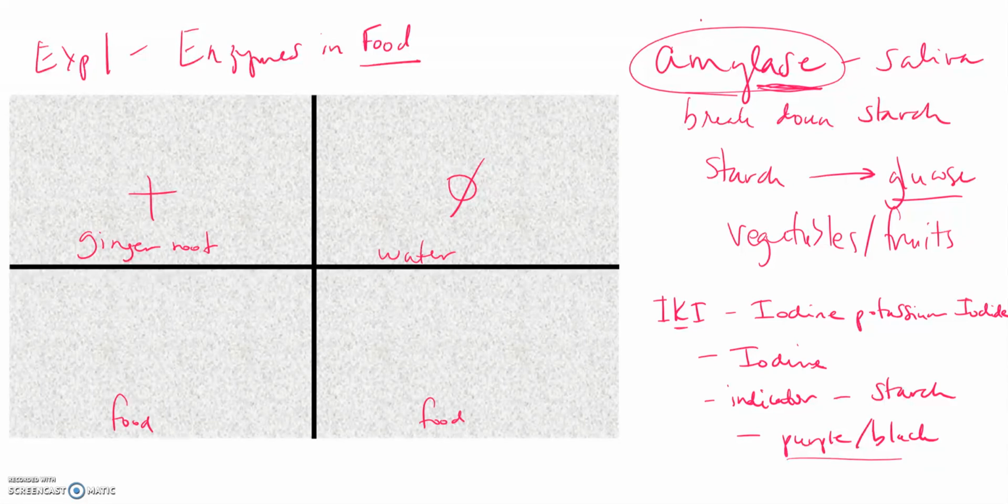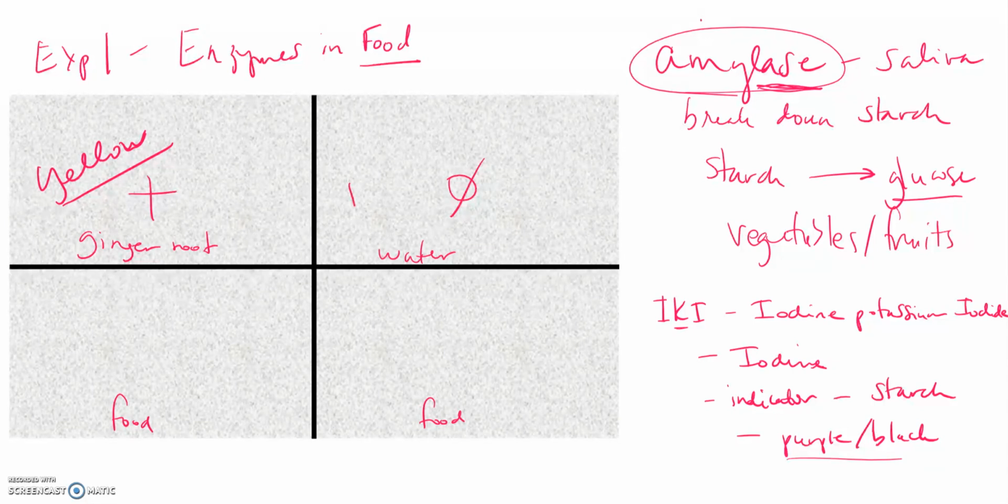So what you should have seen, this quadrant should have been sort of a yellowy orange color because the ginger root contained amylase. The amylase broke down the starch that you had put on the paper towel, and therefore there was no starch to react with the iodine when you applied it.